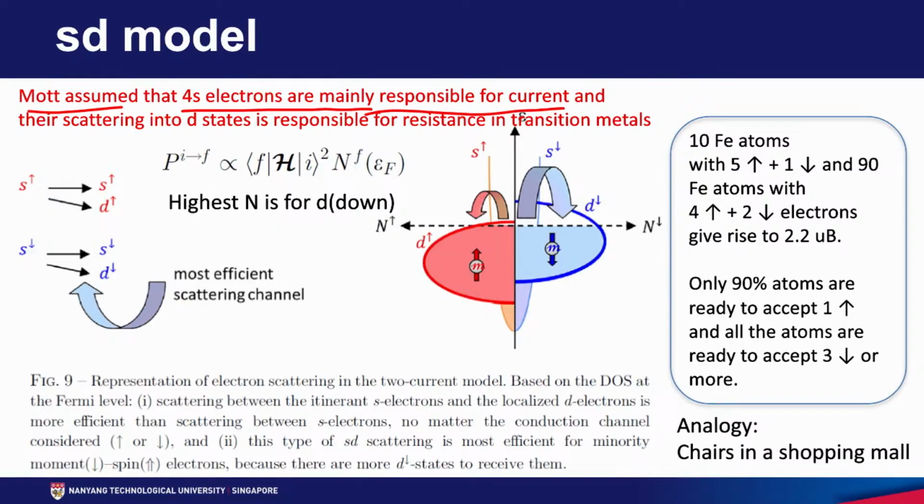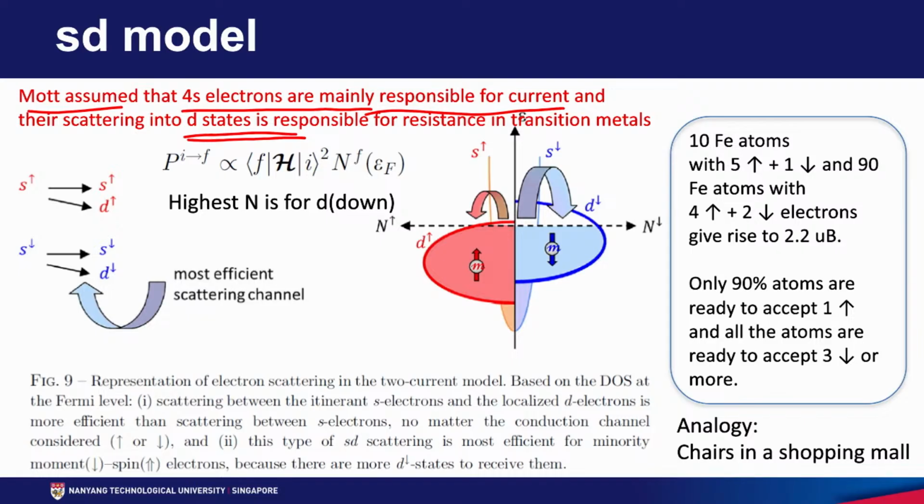Okay. So, you know that in ferromagnetic materials we have the 3d shells and the 4s. So, you know that s electrons are the conduction electrons, right. So, they are responsible for conduction, d electrons are localized, and the scattering of these 4s electrons into d states is responsible for the resistance in transition metals.